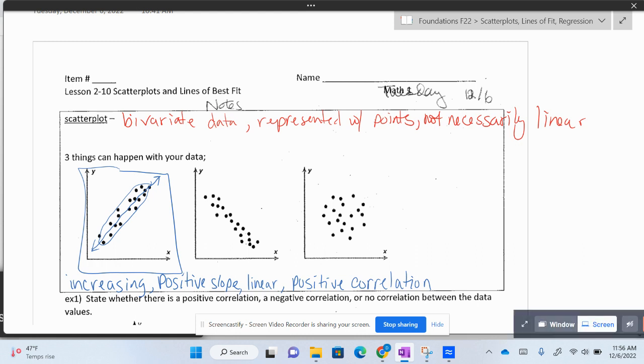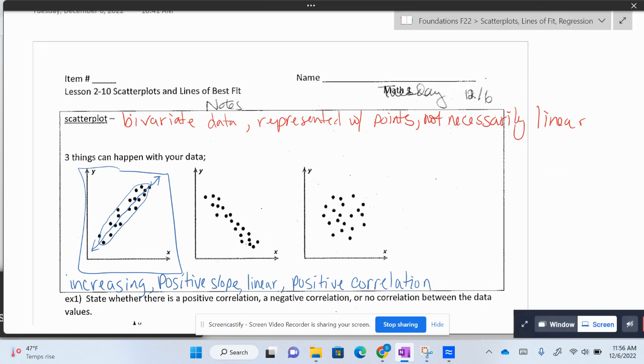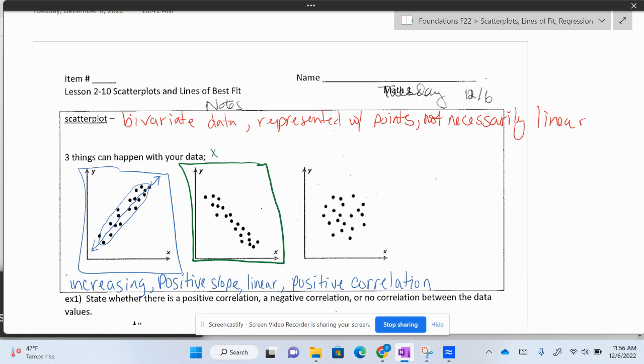Let's look at the next one, and I'm going to change the color on that. So let's look at this one. I'm going to put all the things that we can say about this green one up above it. Negative slope. What else?